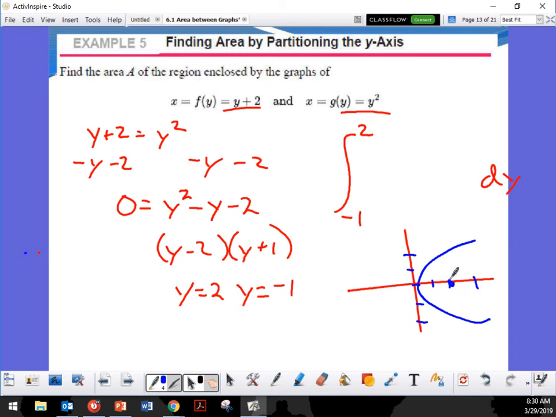So it's going to be right here. When y is negative 1, x is positive 1. When y is negative 2, x is 0. We're doing a function backwards. We're solving for x's now.